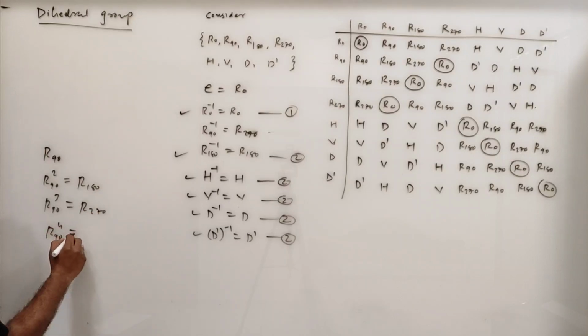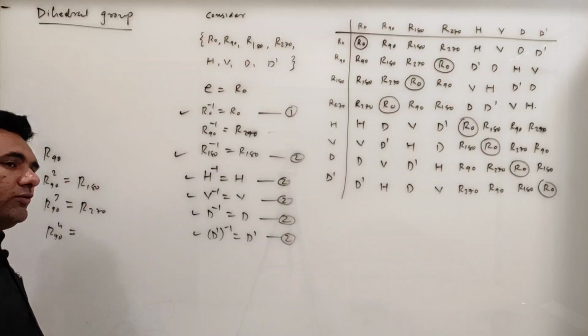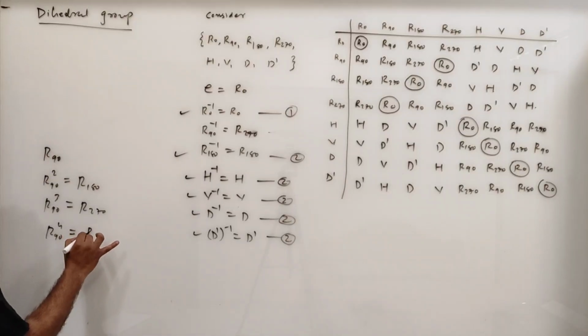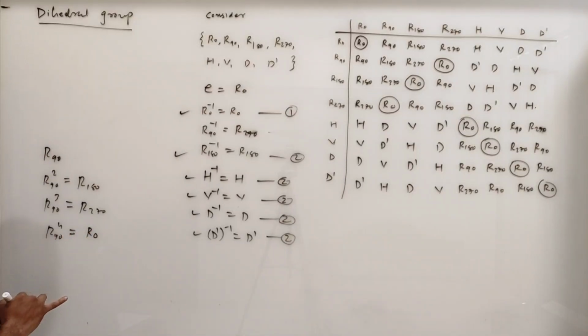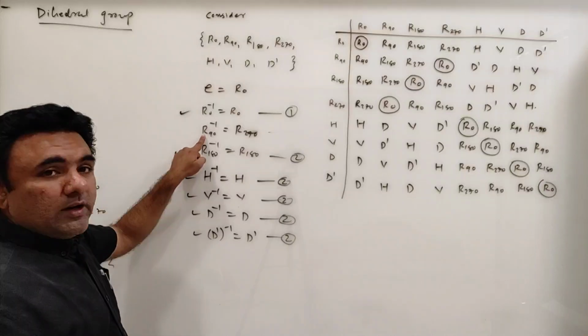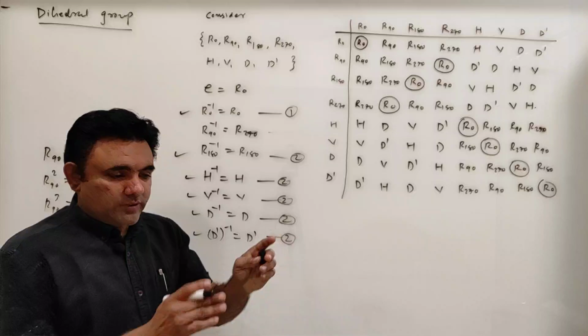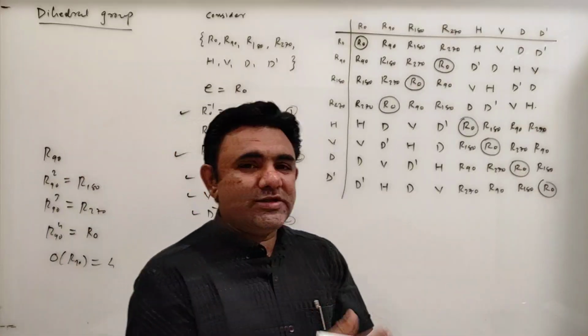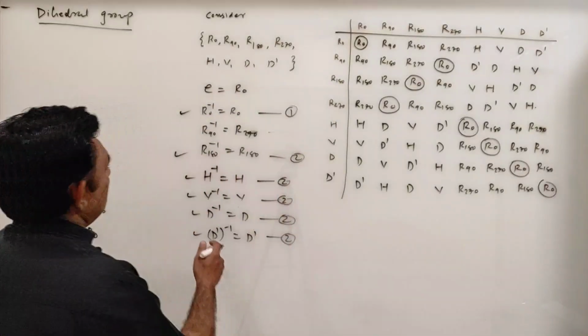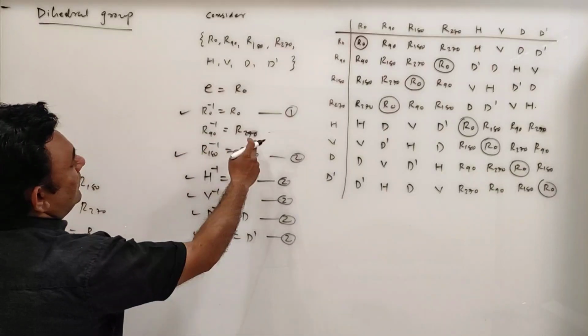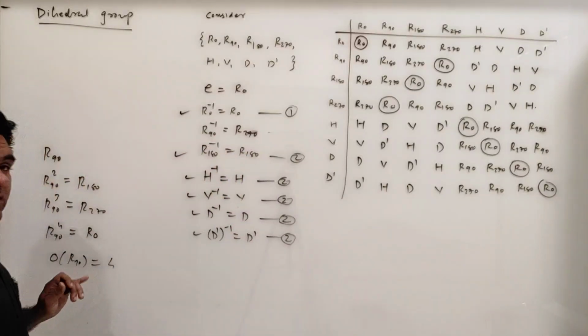R90 to the power 4, four times a 90 degree rotation, gives the same position, that is R0. So the order of R90 is 4. The order of an element and the order of its inverse are always the same. So the order of R90 and the order of R270 are 4.